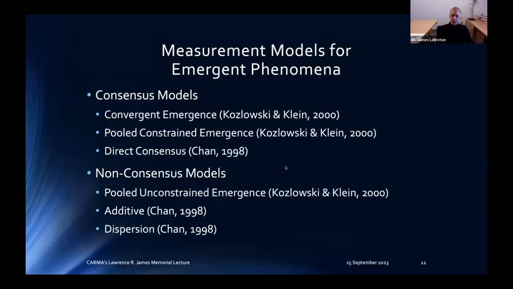We might be using a dispersion model where we say that the construct is defined not by the consensus or convergence that we see between the team members, but the opposite. It's defined based upon the dispersion or the differences that exist. And so something like a climate strength variable or a culture strength variable or an attitudinal strength variable would be something that would be consistent with that kind of dispersion framework.